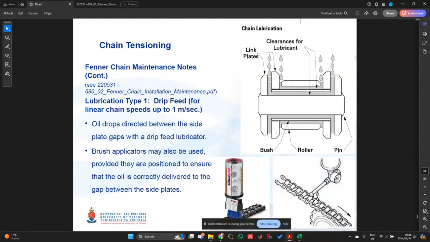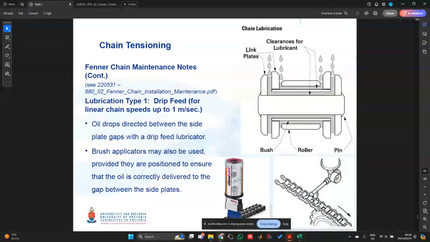If you drop the lubricant in here, it will flow through and sit between the pin, which is this component over here, and the bush, which is this component sitting over here. Additionally, you also have a second clearance, between the roller and the bush. Once again, if you drop the lubricant in here, it will sit between this outer roller and this bush.